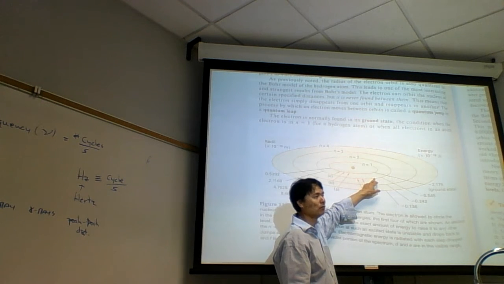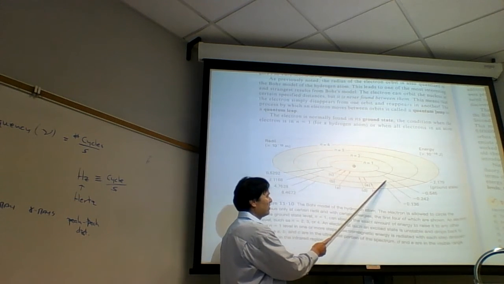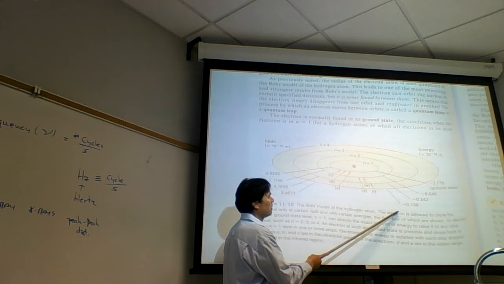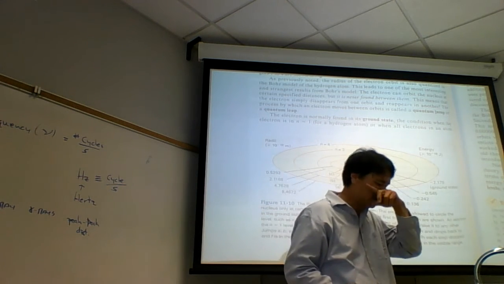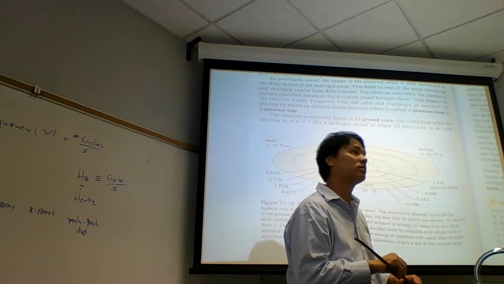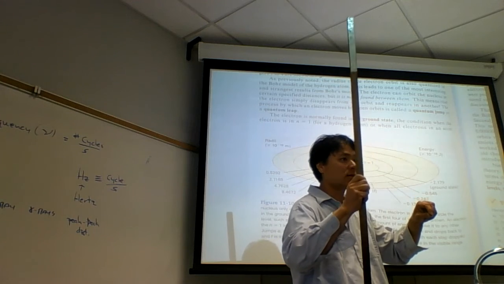No, those are called forbidden orbits. And so the next orbit that's allowed is n equals 3, n equals 4, and so on. And so these are the allowed orbits. So this is the way Bohr was visualizing this, but it doesn't make sense from classical physics. It doesn't make sense from classical physics because of this.